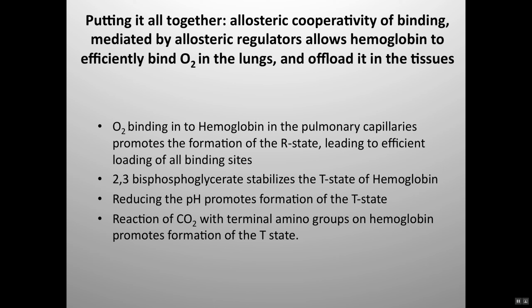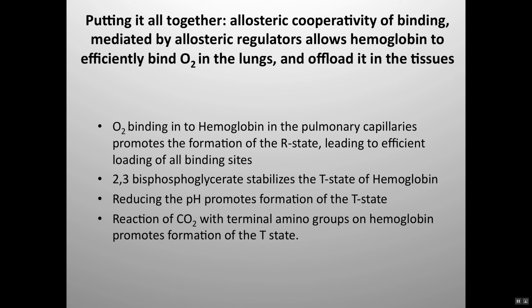This allows hemoglobin to efficiently bind oxygen in the lungs and then, just as importantly, to offload that oxygen in the tissues. So let's start off in the pulmonary capillaries with this high oxygen concentration. Oxygen will bind to the hemoglobin in the capillaries, and this is going to promote the formation of the R state, leading to efficient loading of all the oxygen binding sites on the hemoglobin.